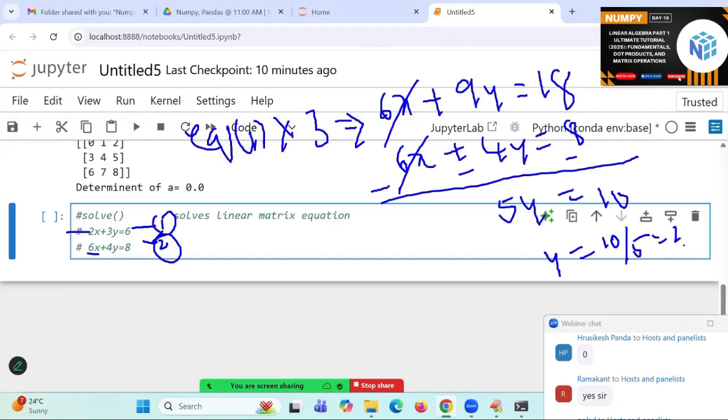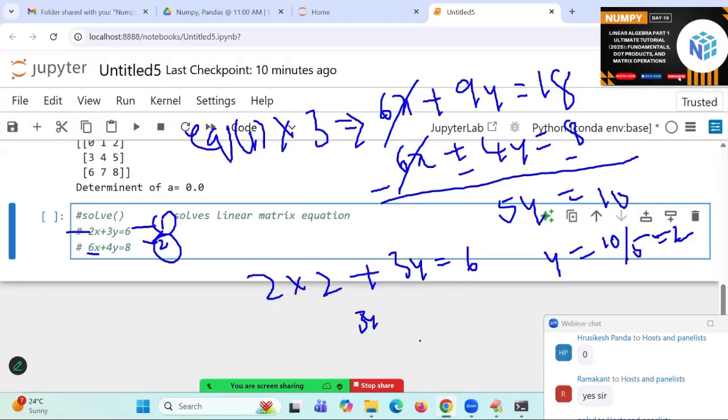Substitute this y value 2 in any one of the given equations. So substitute this value 2 in any one of the given equations. What is that? 2 into 2 plus 3y is equal to 6, and 3y is equal to 6 minus 4.